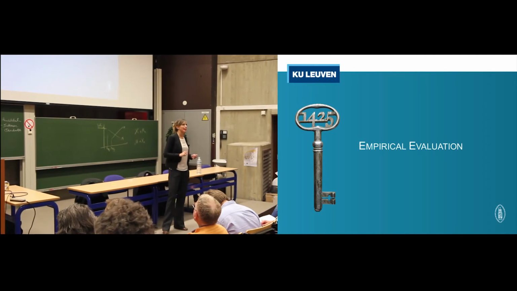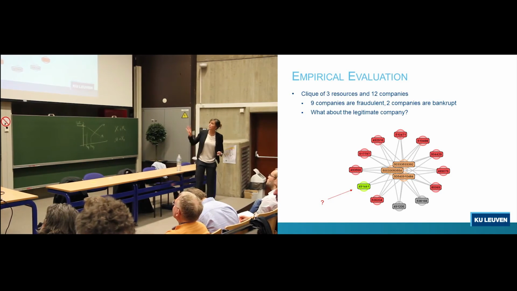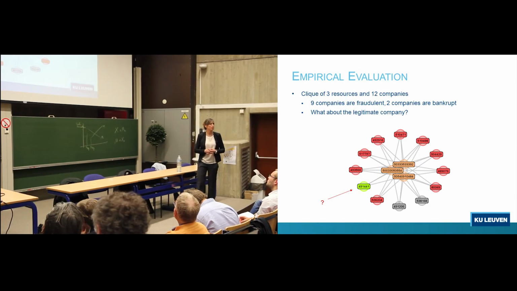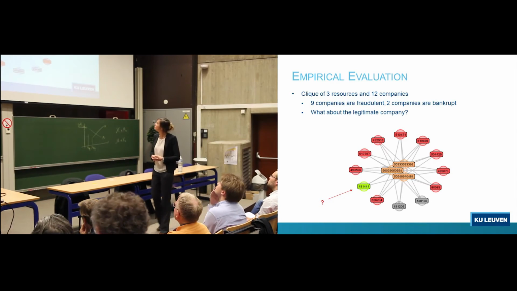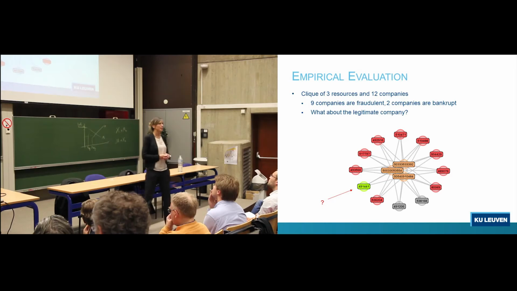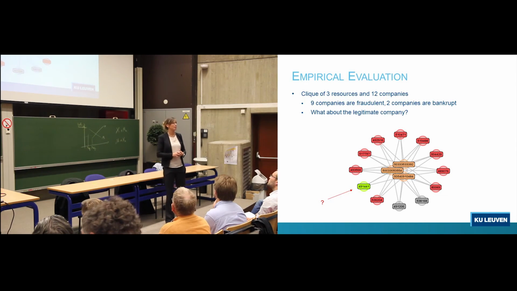Now I have some really nice examples for you. And the first one is this click. This was one of the most important clicks that were detected by our algorithms. Now this is a click of 3 resources and 12 companies. 9 out of 12 companies are already fraudulent. 2 companies are bankrupt. Just normal bankruptcy.